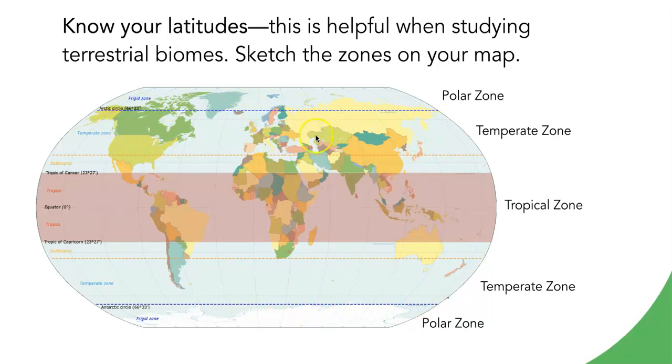Then we have a temperate zone, which is from here to actually the pink, not the orange dotted line. It's the pink dotted line, which is the Tropic of Cancer, which is 23 north latitude, down to the Tropic of Capricorn, which is 23 south latitude. So don't draw the orange lines.